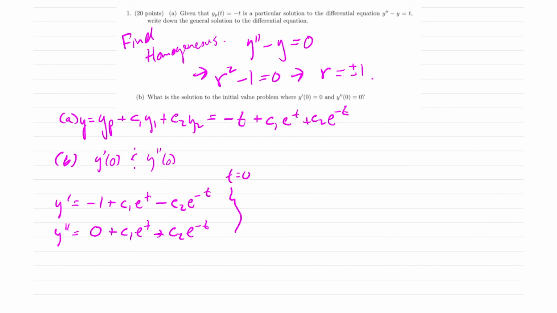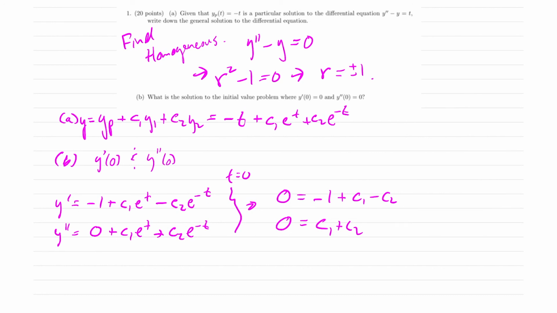So t equals 0. On the left-hand side, we're told that 0 is equal to -1 plus c1 minus c2. And y double prime is also 0 on the left-hand side, which gives me c1 plus c2.